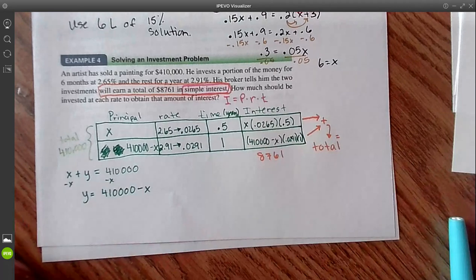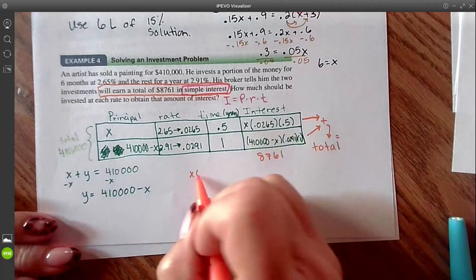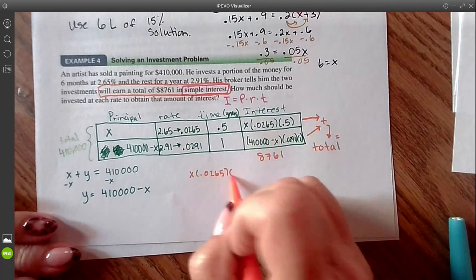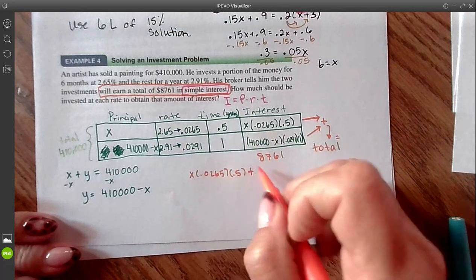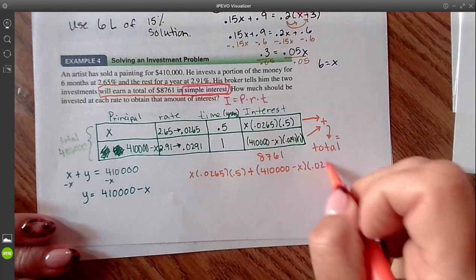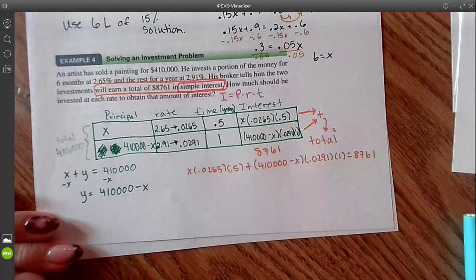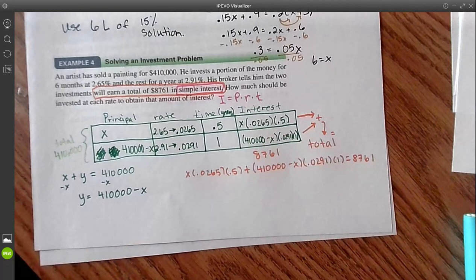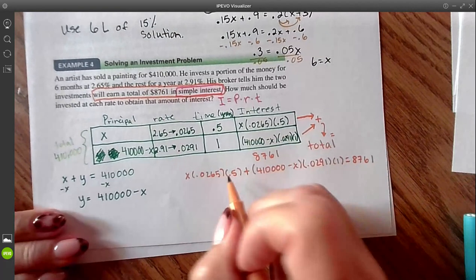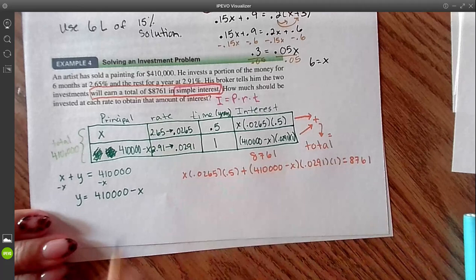So the equation that I'm going to be solving is x times 0.0265 times 0.5 plus 410,000 minus x times 0.0291 times 1 equals $8,761. That may look a little overwhelming for an equation, but we're just going to take it a step at a time.